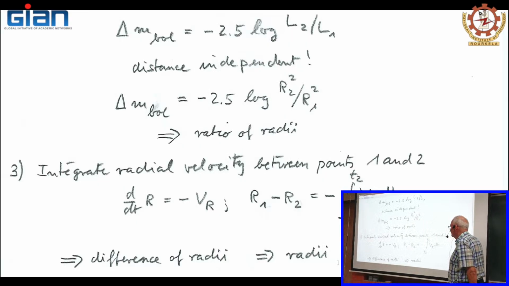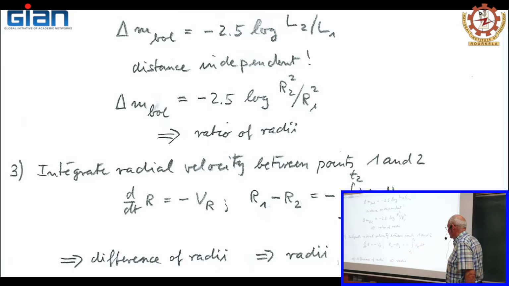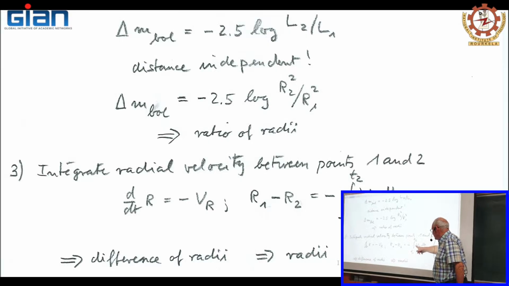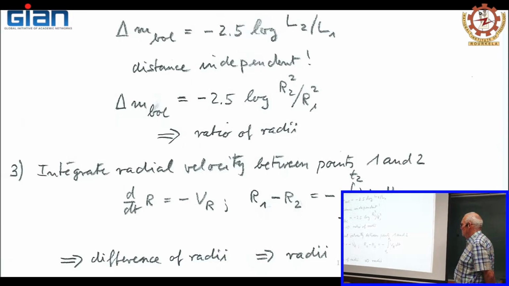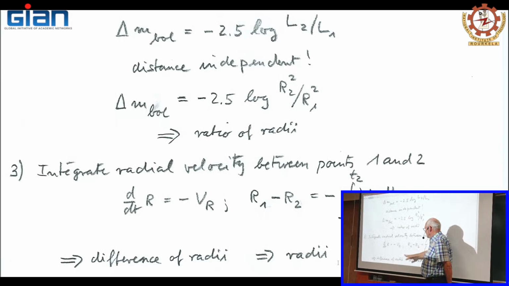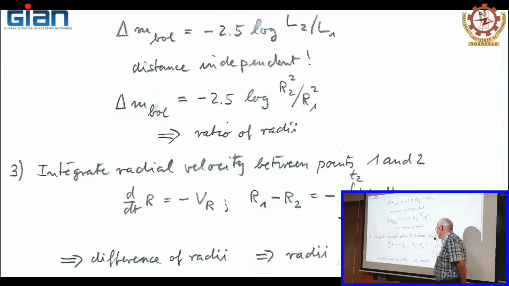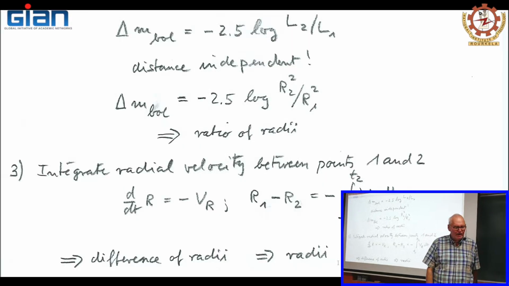So the radius difference between point 1 and 2 is the time integral from time t1 to time t2 over the radial velocity curve times dt. The radial velocity curve is known, and the integral can be performed on the basis of the observational data. By integrating the radial velocity curve, we get the difference of radii. Once we have the ratio of the radii and the difference of the radii, we have the radii.